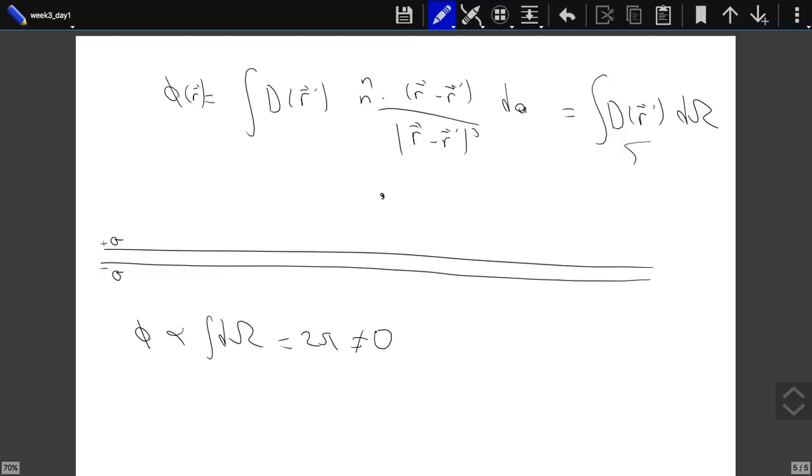Oops, how come? As your friend said, we said that outside the capacitor it was zero. Or did we say that? The electric field is zero.